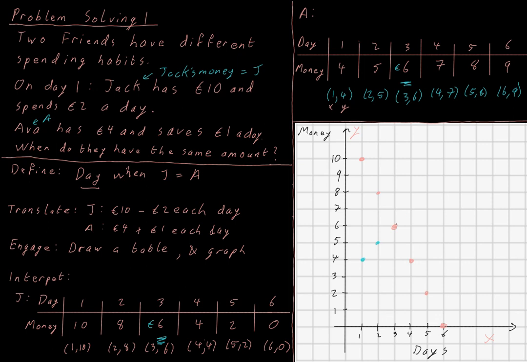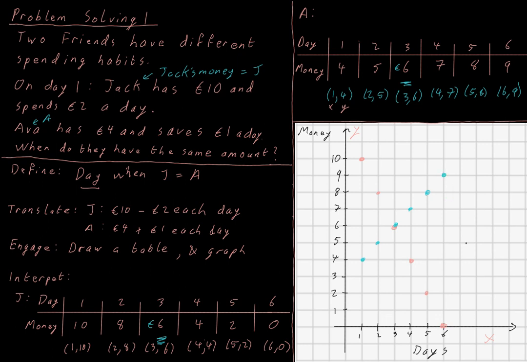And then we have our thing we were looking for. We have in the door 3, up the stairs 6. And in the door 4, up the stairs 7. In the door 5, up the stairs 8. And in the door 6, up the stairs 9.